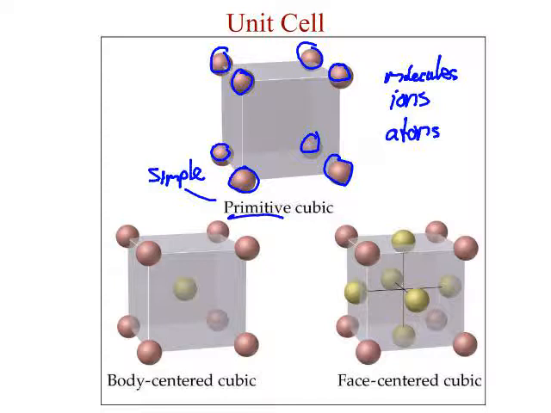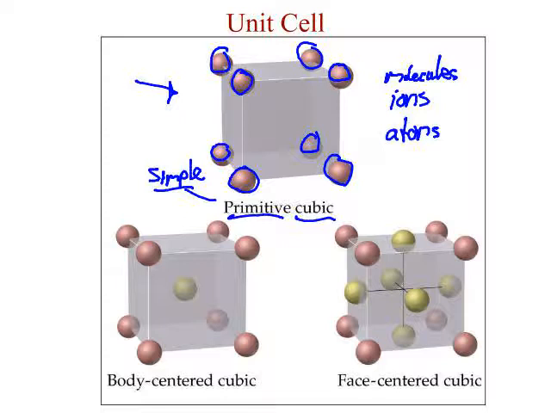If you have a simple cubic unit cell, the crystal as a whole is a bunch of these cubic unit cells stacked on top of each other, built up to make the crystal. So it's a repeating pattern of that unit cell.